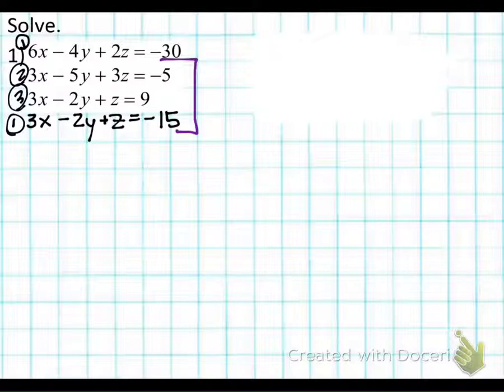Now that we've reduced the first equation, do you notice anything interesting in these three equations that are bracketed off in purple? They all start with 3x. What about the bottom two equations? They both have z.